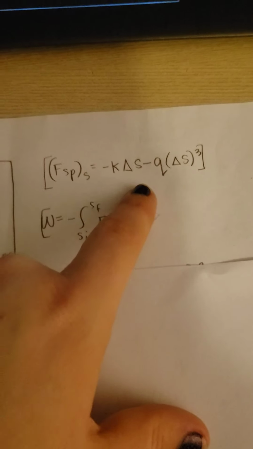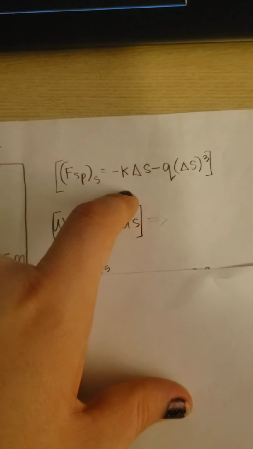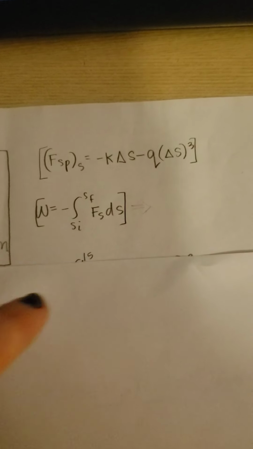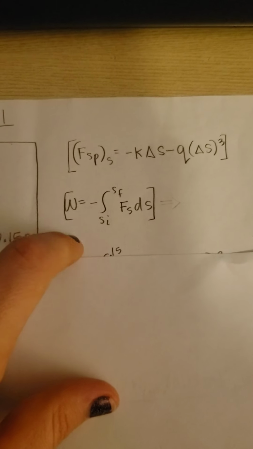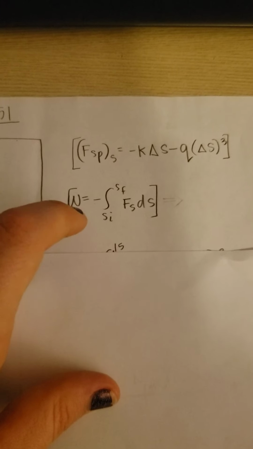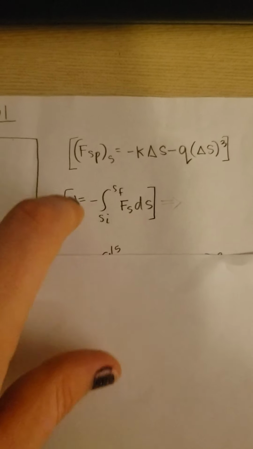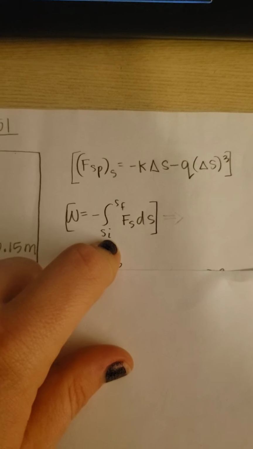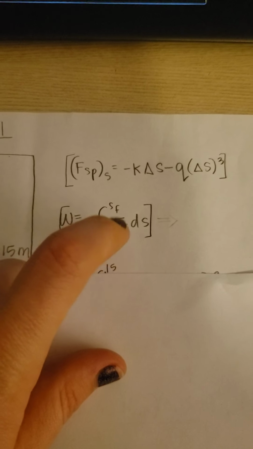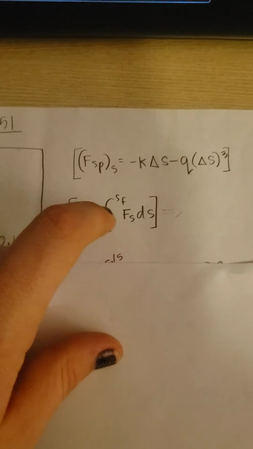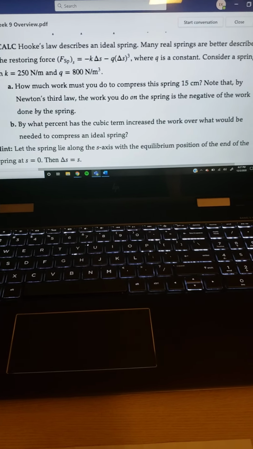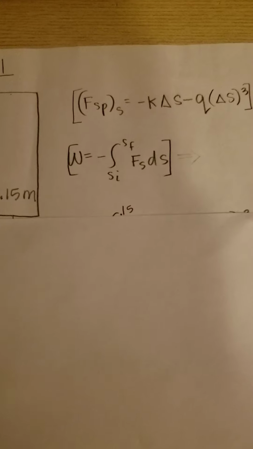We know our equation for our restoring force given to us, and the equation that we're going to need to find the work done by the spring is going to be the integral of that spring force. And like they said, the work done on the spring is the negative of the work done by the spring. So we're going to take the negative integral of that spring force in order to find the work done.